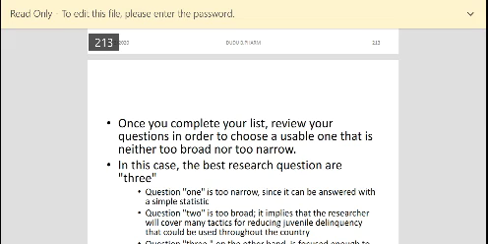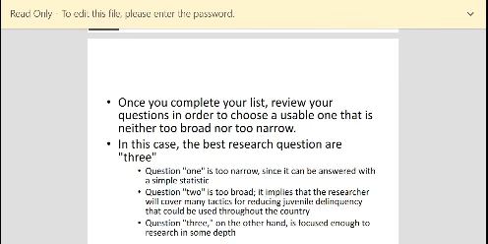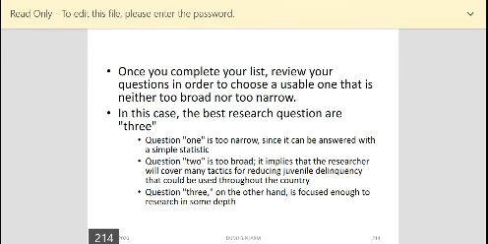Once you complete your list, review your questions in order to choose a usable one that is neither too broad nor too narrow. In this case, the best research question is three. Question 1 is too narrow, since it can be answered with a simple statistic. Question 2 is too broad. It implies that the researcher will cover many tactics for reducing juvenile delinquency that could be used throughout the country.